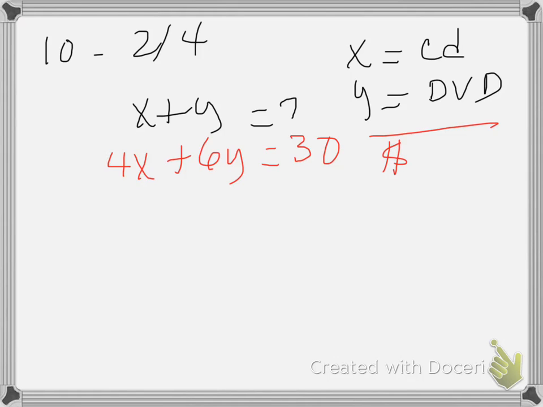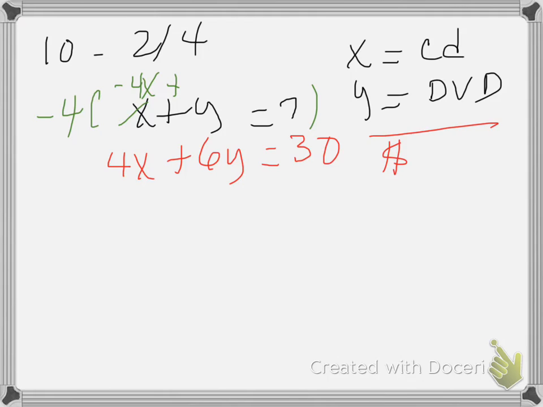So in elimination, we have to decide which variable we want to zero out or eliminate by manipulating one of the equations. So let's say we multiply everything by -4 for this first equation. That means -4 times x will give you -4x.